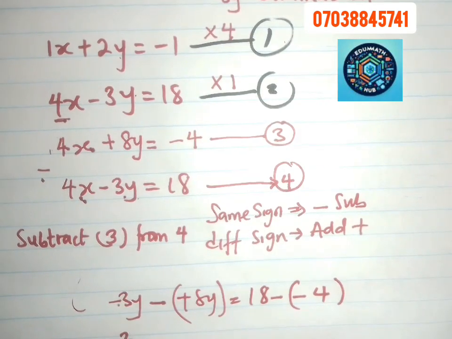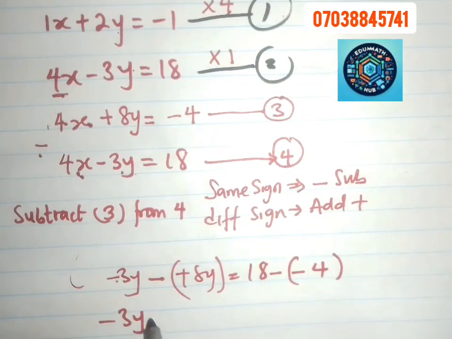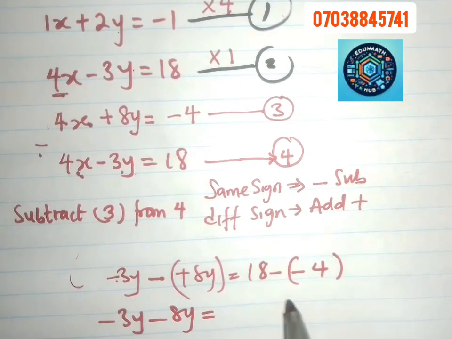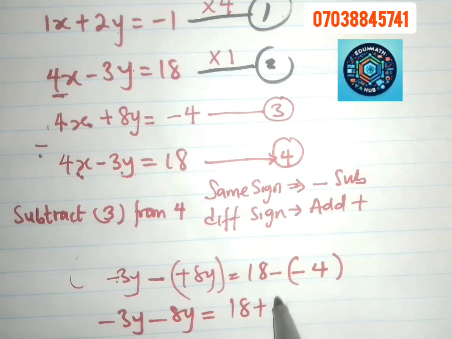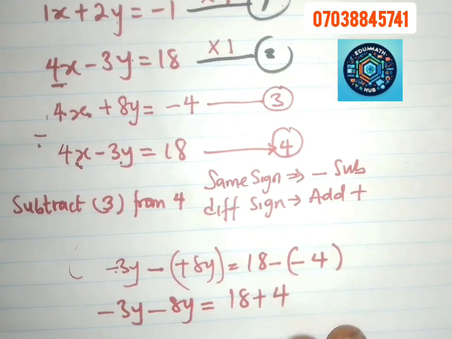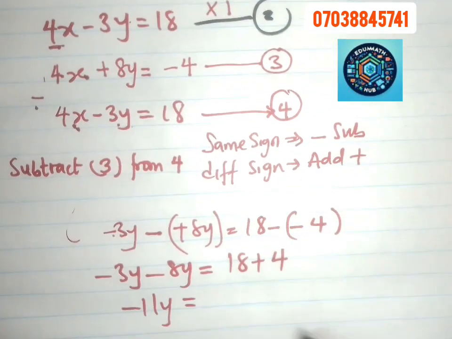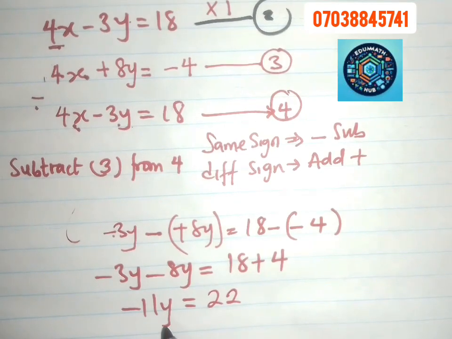So this will give you minus 3y, and minus times plus will give you minus. So at the end of the day, you're going to have minus 8y equals 18 plus 4. So minus 3y minus 8y gives you minus 11y, equals 18 plus 4, which gives you 22. To get the value of y, you need to divide both sides by minus 11.